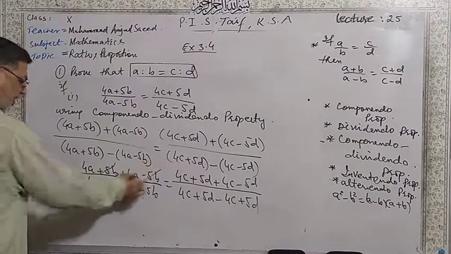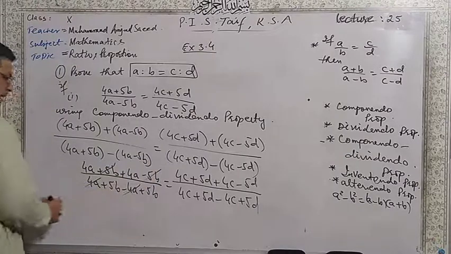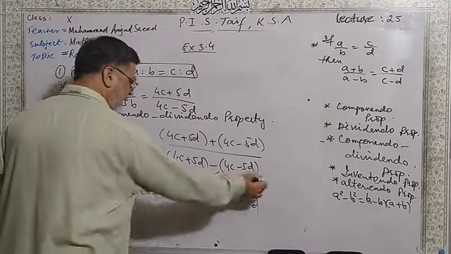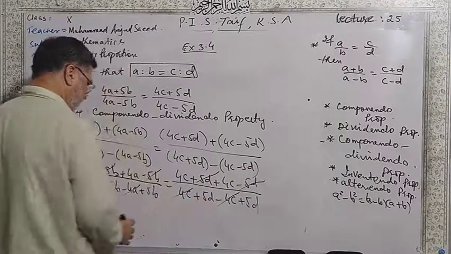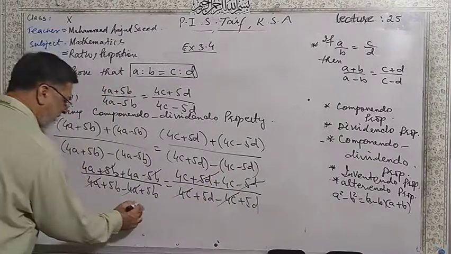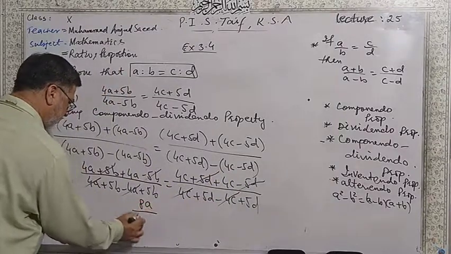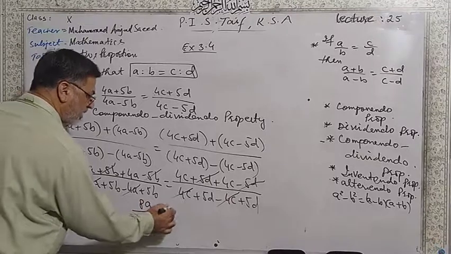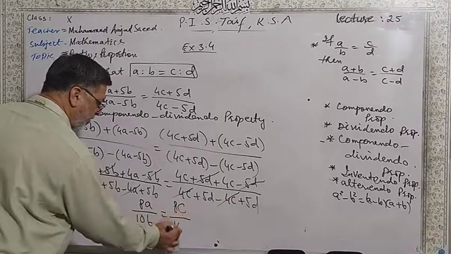Here 5B cancelled out, 4A cancelled out, 5D and 5D, 4C and 4C. You will have 8A over 10B is equal to 8C over 10D.